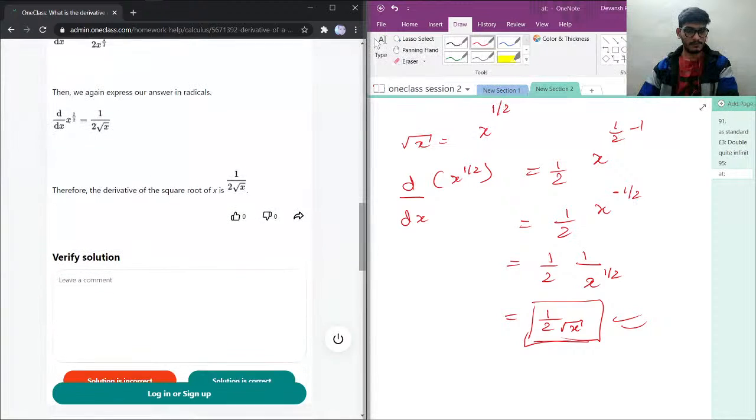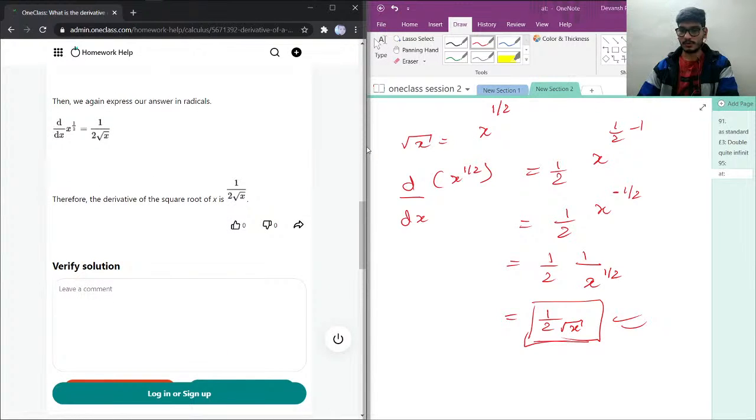So I have the final answer as 1 over 2 times square root of x. Correct solution. Nice work.